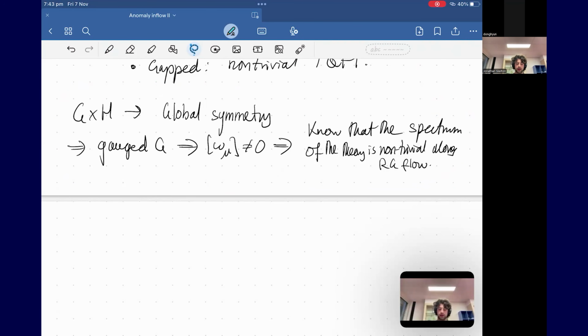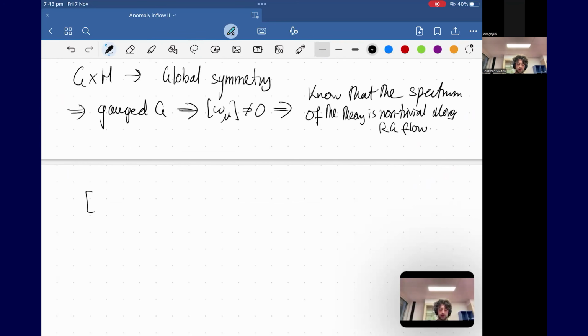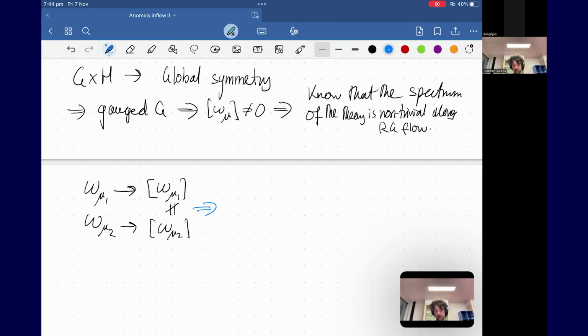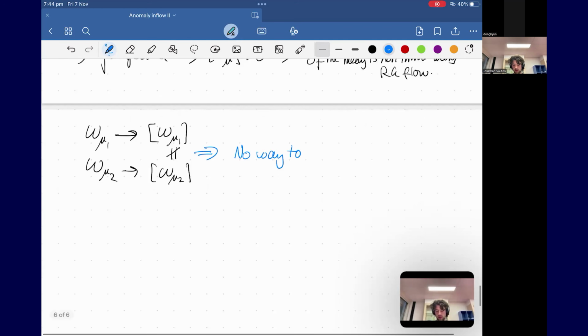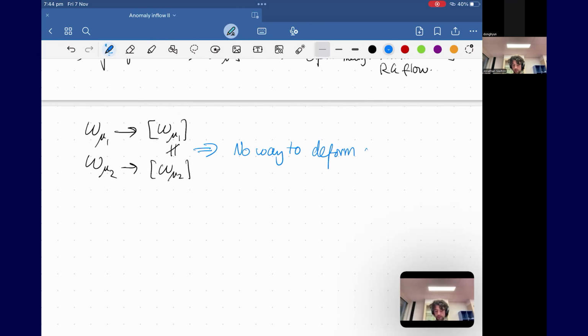So if we had two theories, omega mu 1 and omega mu 2, with deformation class mu 1 and deformation class mu 2, if they're not equal, then this would imply that there is no way to deform one theory into the other, which is a really, really important statement.